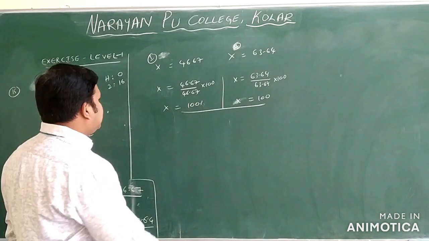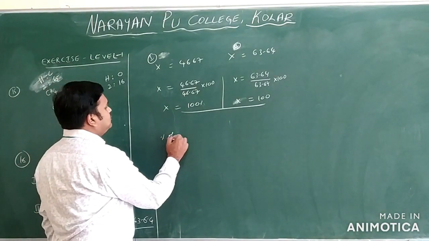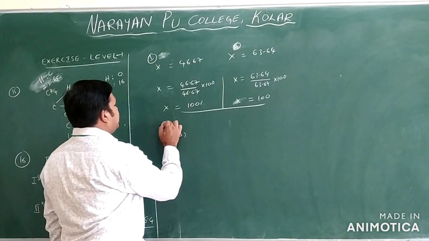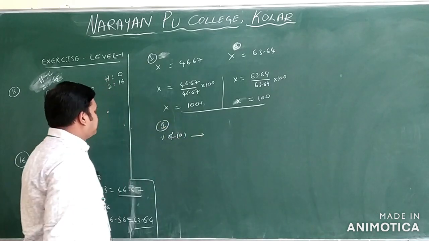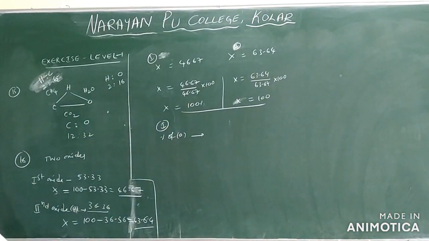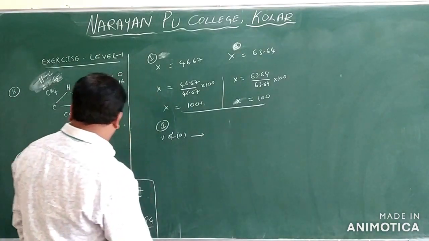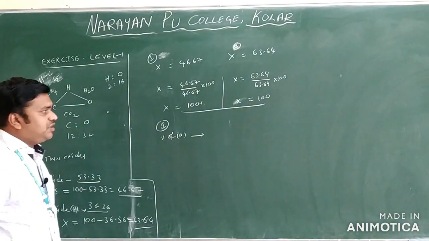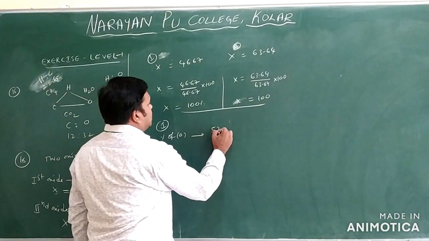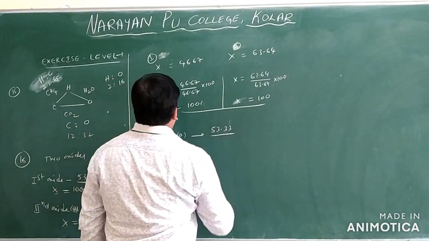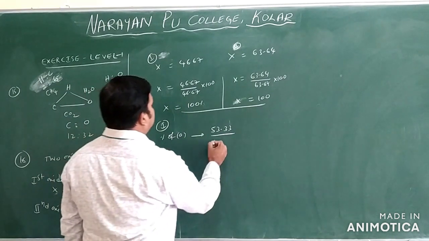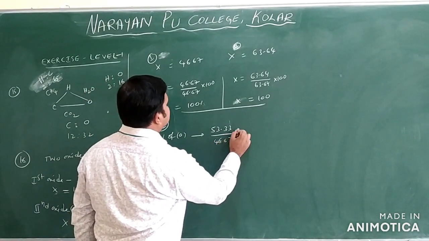Okay, percentage of oxygen. If we take the first oxide, the percentage of oxygen is 53.33 by 46.67 into 100.